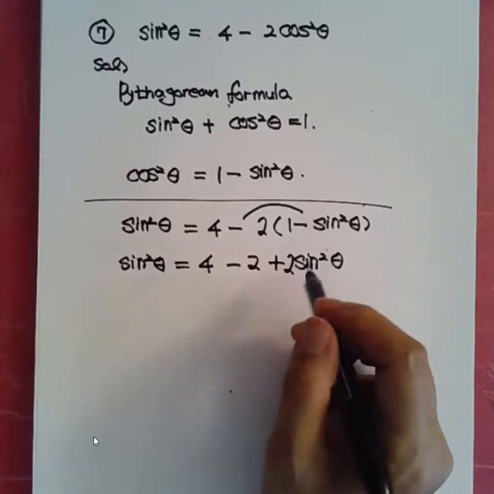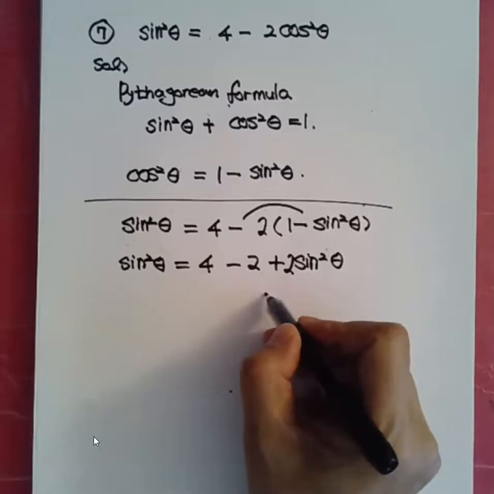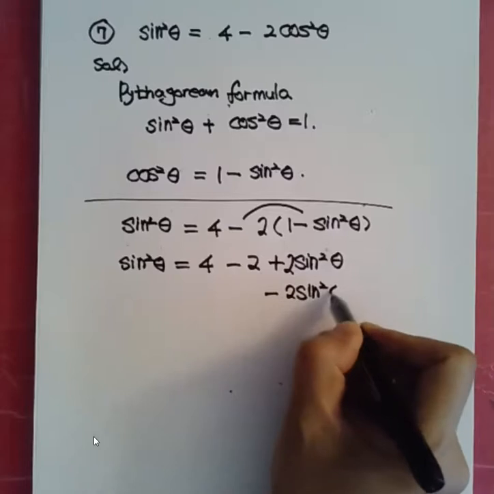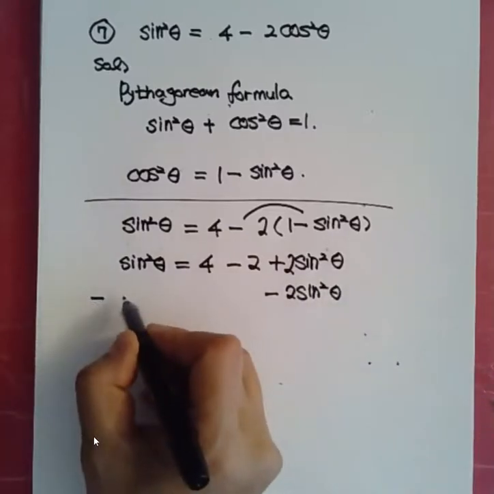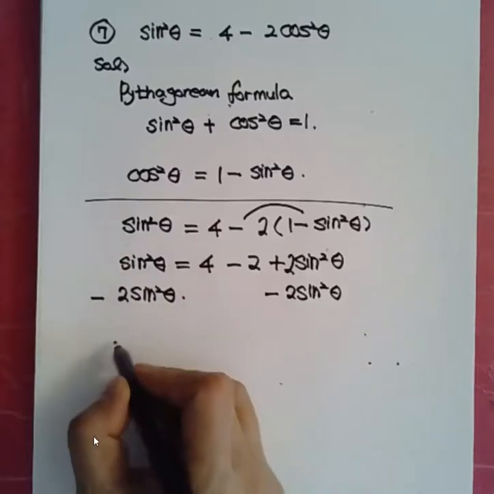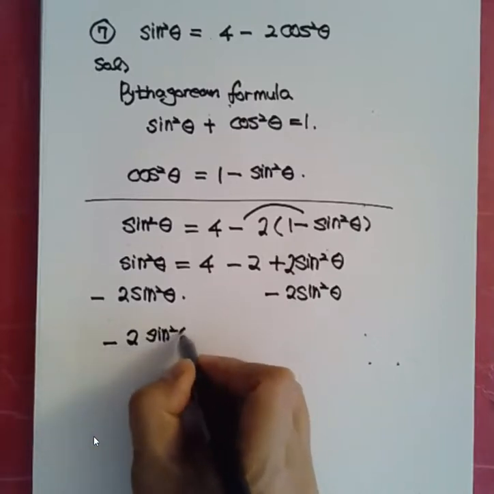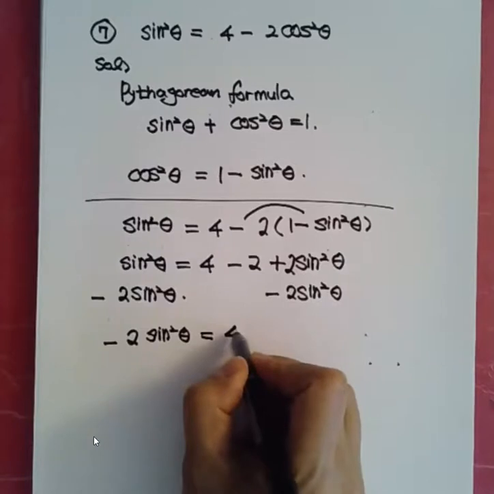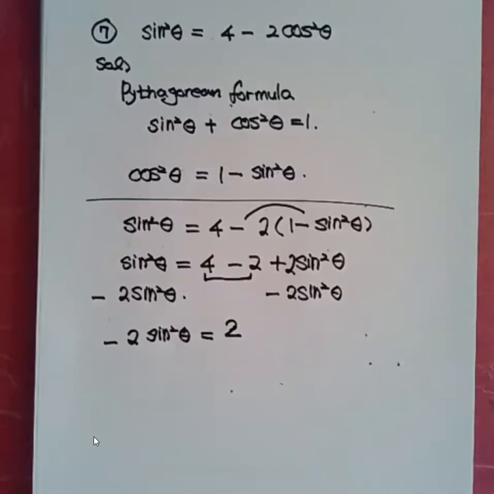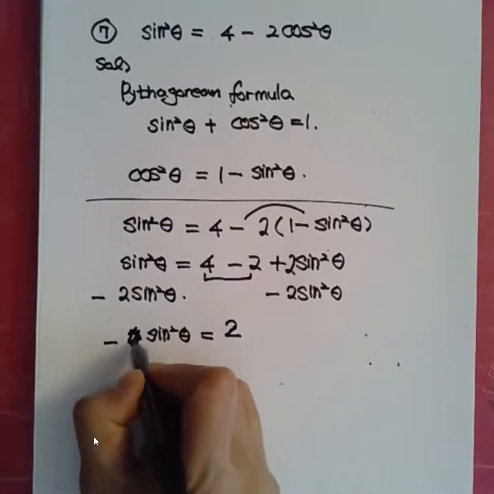Let's move 2 sine squared of theta to the left side. Then we have minus 2 sine squared of theta equals 4 minus 2, which is 2. The minus sine squared of theta is 2.